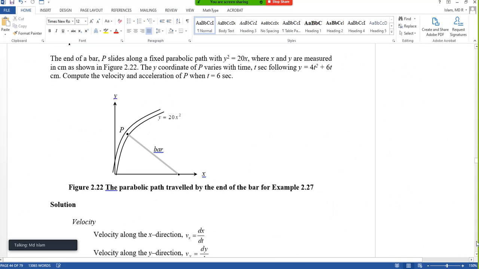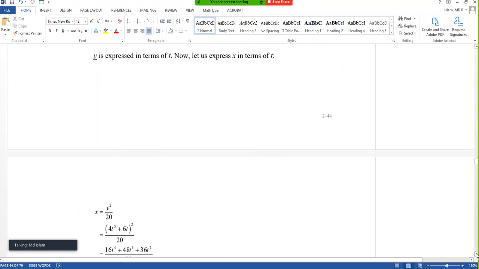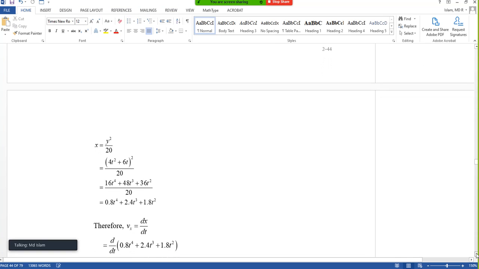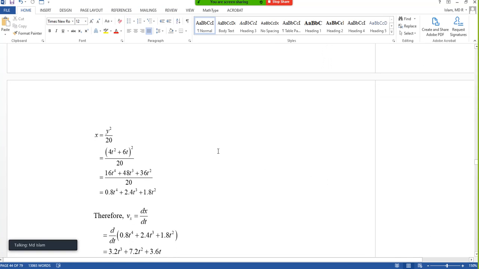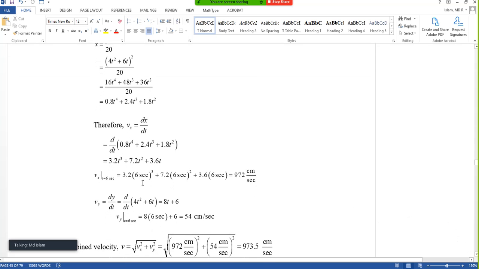Should I give it or not? I try to make all the examples simple. Oh no, same thing. First I simplified and made it a simple equation, and I did the differentiation of that equation and then inserted the value. Same thing for y. Yes, this example is bigger but not difficult.